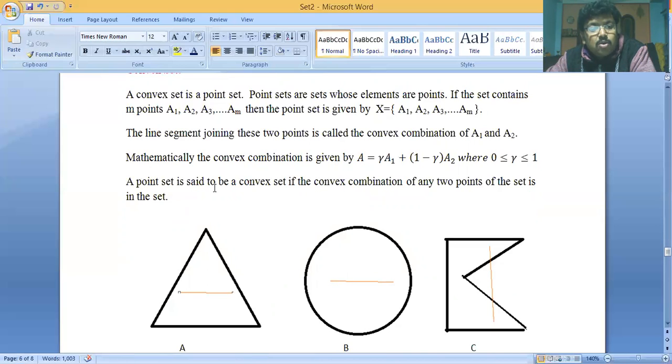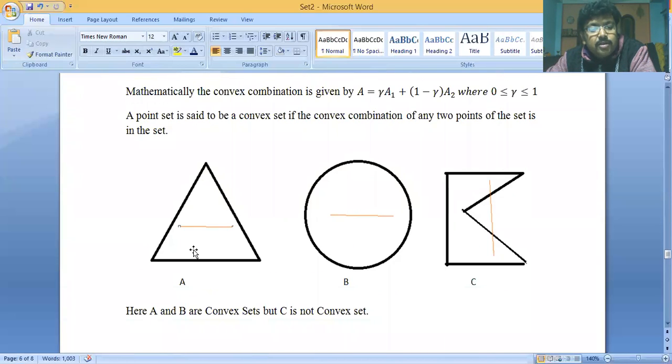Look at this: A and B are convex sets, but C is not a convex set. A is a set, and any 2 points from here to here, if we join them with a line, then the line is within the set. So it is a convex set. In the same way, in the B set, the line joining 2 points is within the set.